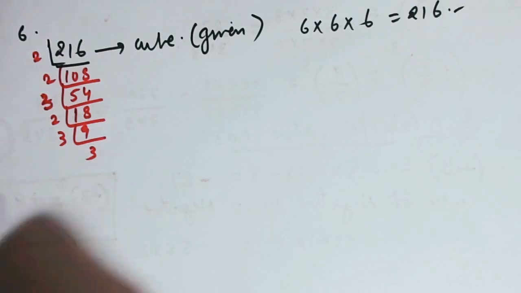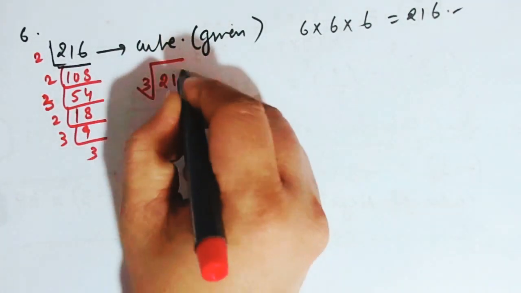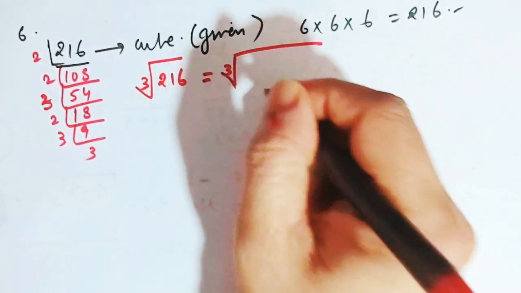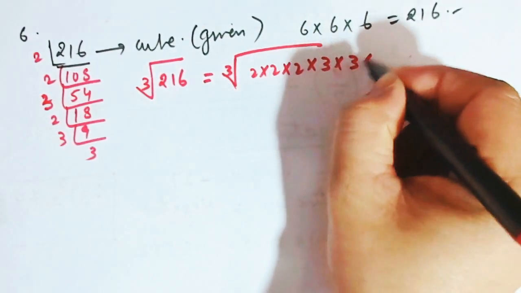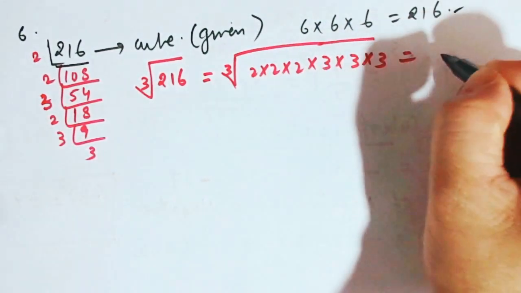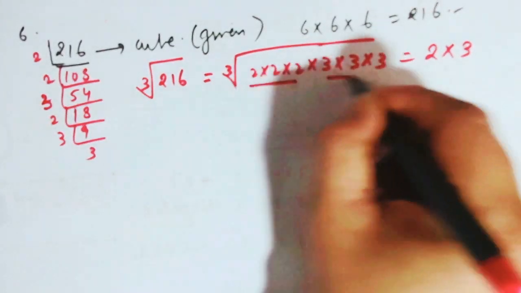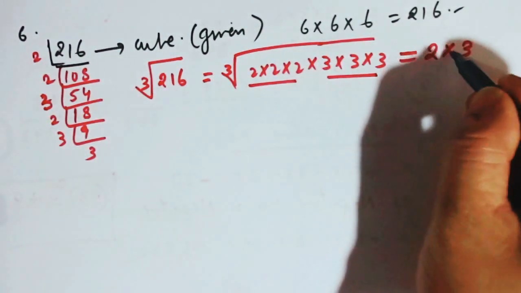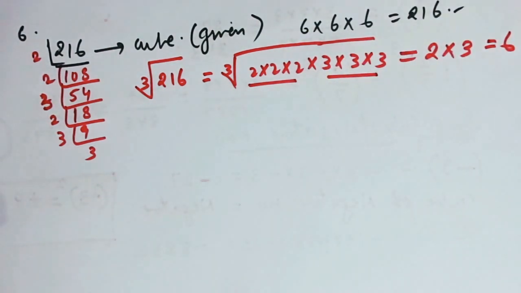So what I find is that the cube root of 216 will be equal to the cube root of 2 times 2 times 2, 3 times 3 times 3, which is equal to 2 times 3. It forms a triplet. So I have extracted one from each to get 6. Clear?